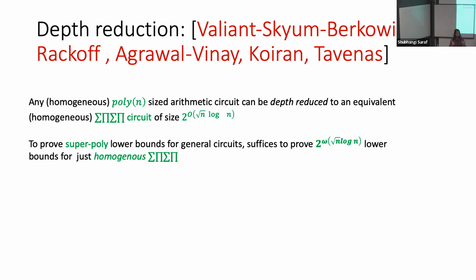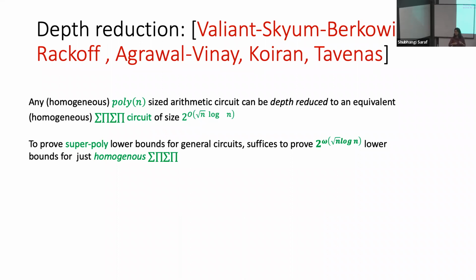Such a result is not known in the Boolean world, but in the arithmetic world, you can start with a polynomial size general circuit and squash it down to a depth 4 circuit where the blow up in size is of the form 2 to the root n log n. It's an exponential blow up, but it's not a maximal blow up.